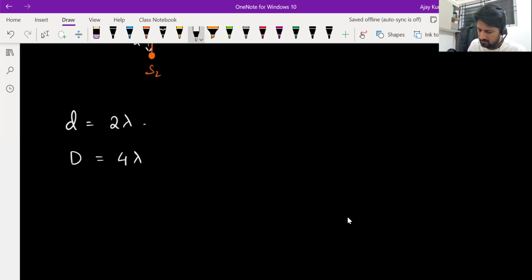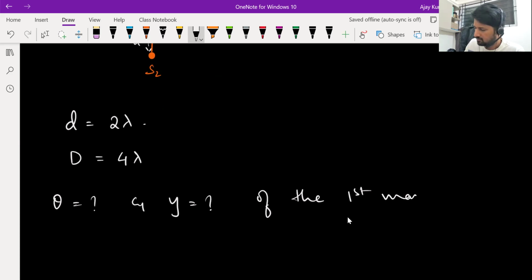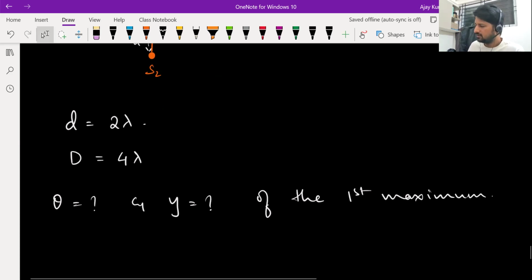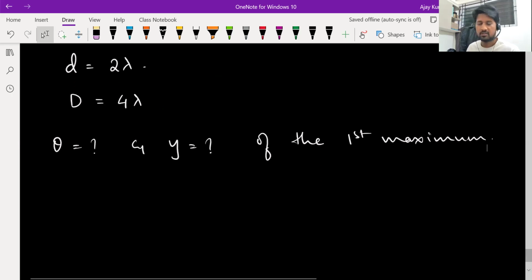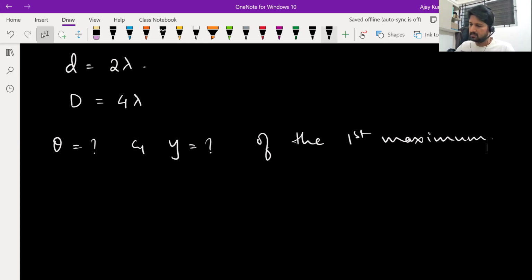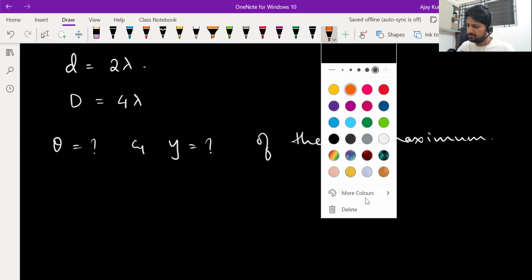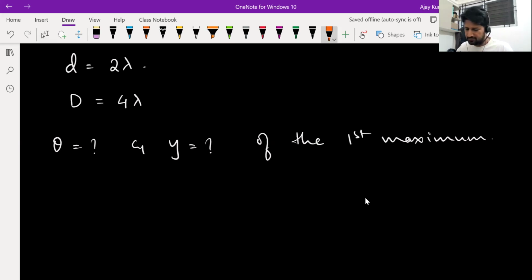Find out the angular position and the linear position of the first maximum. One of you quickly tell me, what is the path difference with which waves must interfere at the first maximum?